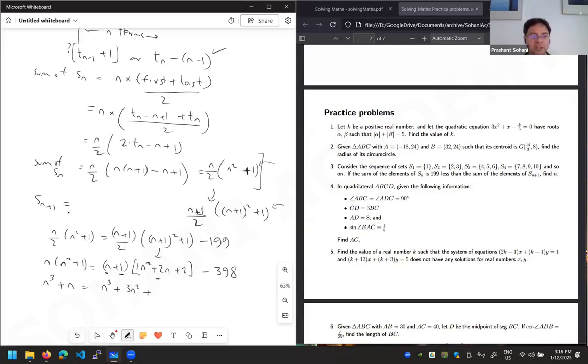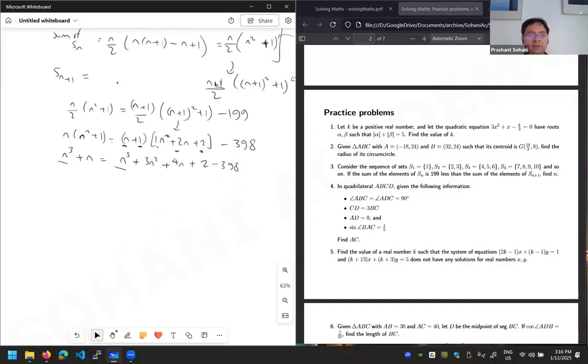And similarly n raised to 1 can be formed by either multiplying n with 2, so that will be 2n, or 2n and 1, so 4n. And the constant is simply 1 into 2. Okay, so these small tricks might save you a few seconds. So n cube will cancel, and I'm going to get a quadratic in n, right? So I'm going to get 3n square plus 3n minus 396 is equal to 0.